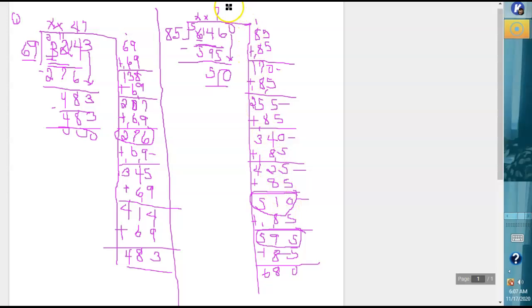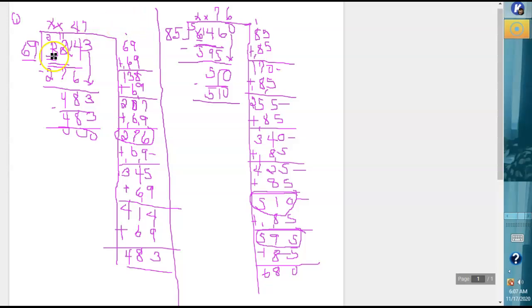It's just the same as 6 times 85, and the answer is 510. So 6,460 divided by 85 is 76. This is using the standard algorithm method, or digit by digit method, or the big 7 method.